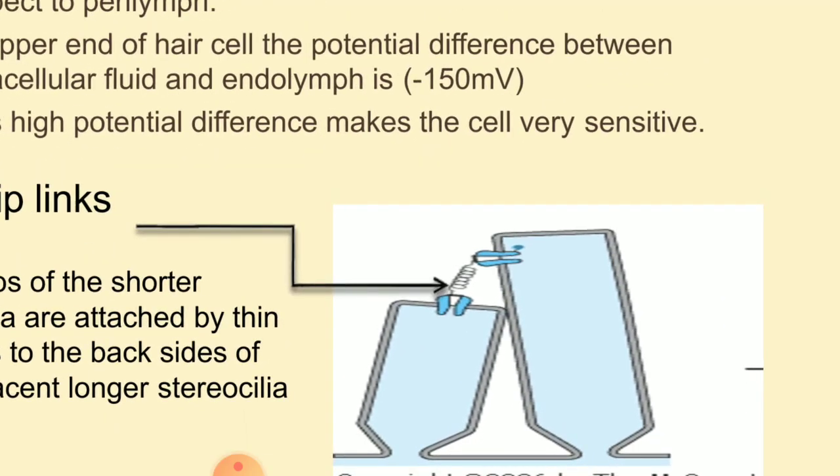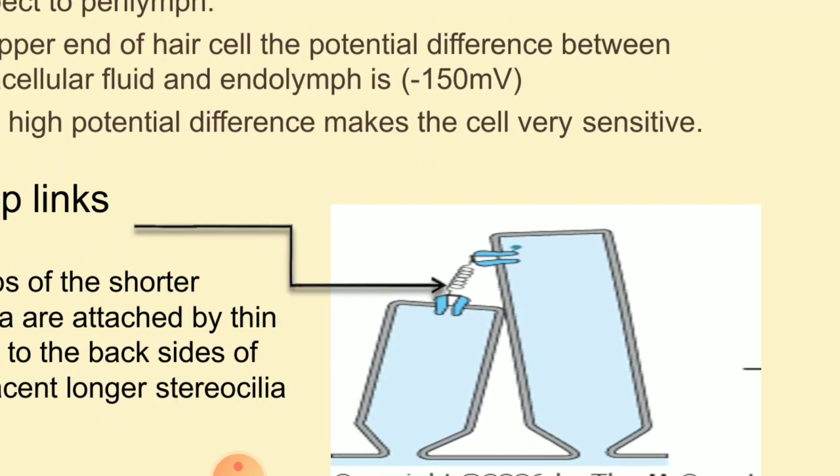The stereocilia of both inner and outer hair cells are arranged in such a way that there occurs a gradual increase in the height of stereocilia from one side to the other, and there is presence of a special type of spring-like connecting link from the tip of the shorter cilia to the shaft of the adjacent longer one.